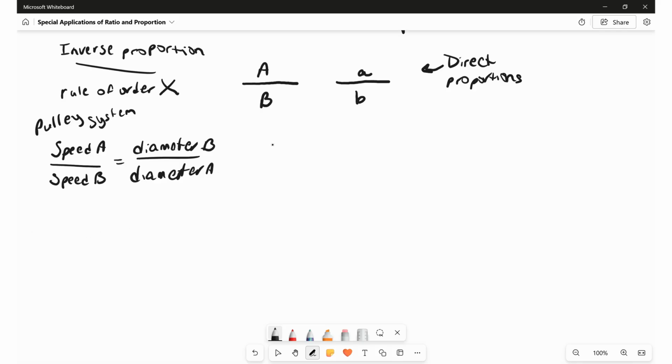So let's say that pulley A, sorry, I'm trying to find this. So the pulley A diameter is twice the pulley B diameter.